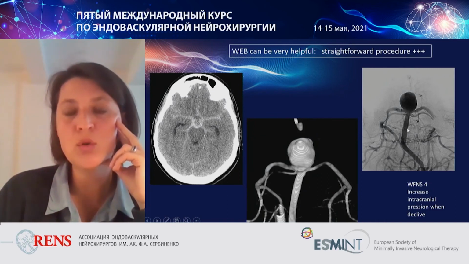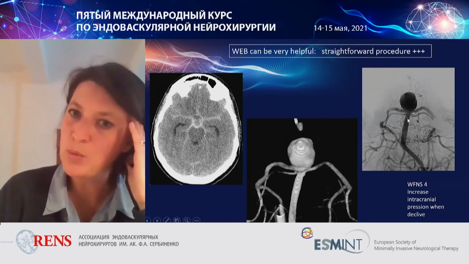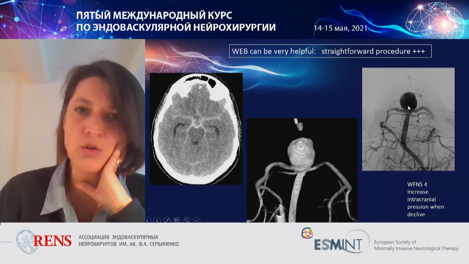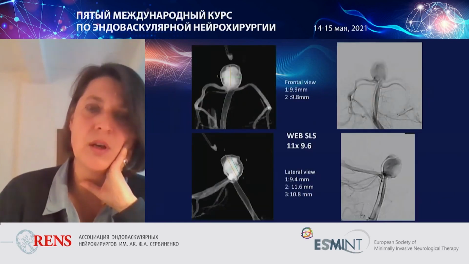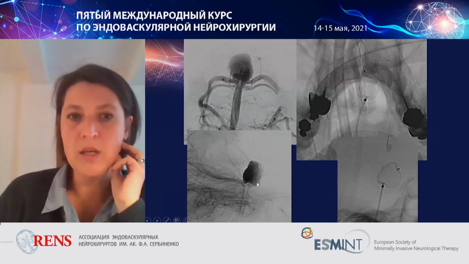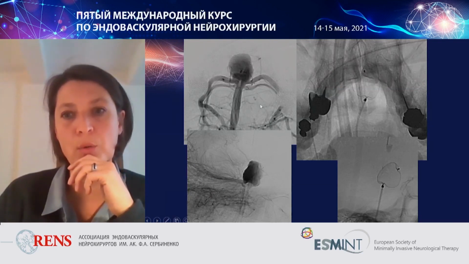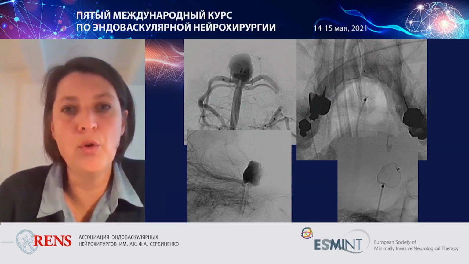You can imagine to put 1 balloon, 2 balloons, put coils, but using the web is a very rapid and very straightforward technique, and it lasts at least 15 minutes, and it was easy to deploy this 11 by 9.6 web into the aneurysm, obtaining this immediate stagnation within the mesh of the web with protection of the rebleeding.